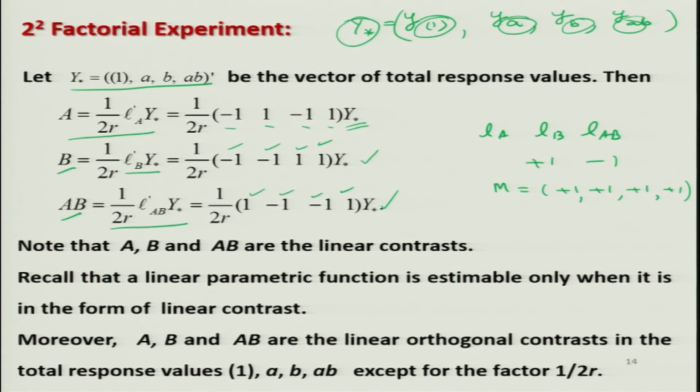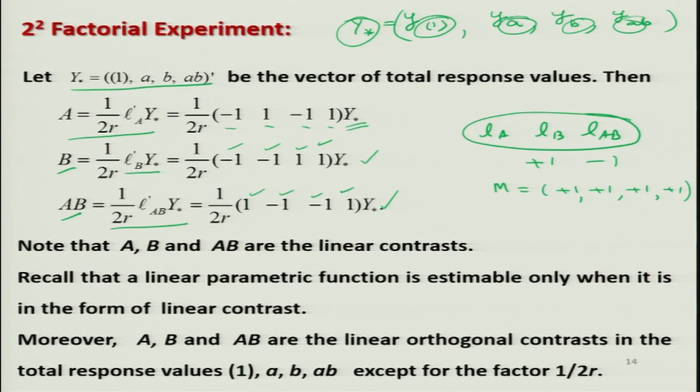So, now if you try to see, all the elements inside LA and LB consist of plus 1 and minus 1 values. If I may have your attention here, try to count the number of plus signs and number of minus signs; they are equal in all the cases. What does this mean?